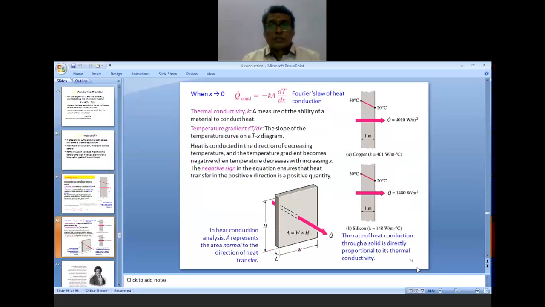This law is called the Fourier law of heat conduction.